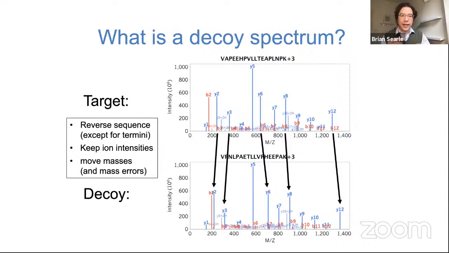We keep the same ion intensities, but we move the masses around and potentially the mass errors around for those particular fragments. So you can see that the intensities are the same for the ones that I've selected out, but their masses are a little bit different. That helps us say this is a decoy rather than a normal spectrum.